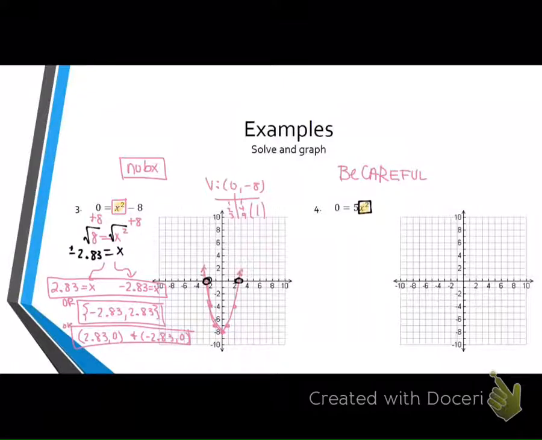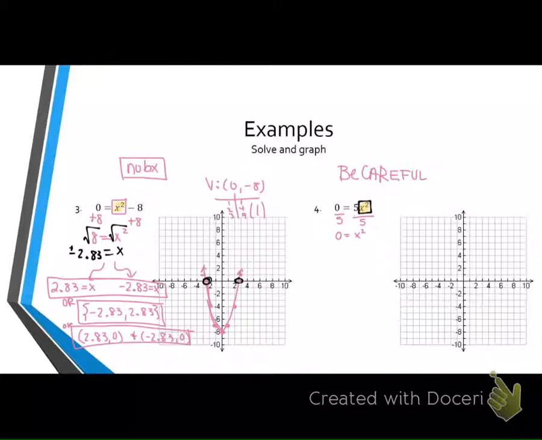So Emma, how would I isolate that x squared piece first? What would I have to do first? Divide by 5. So I get 0 equals x squared. So yeah, this is confusing, right?